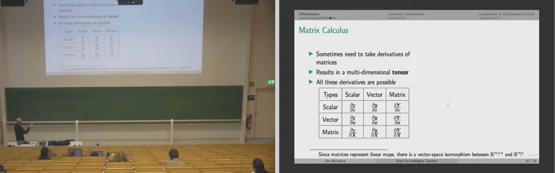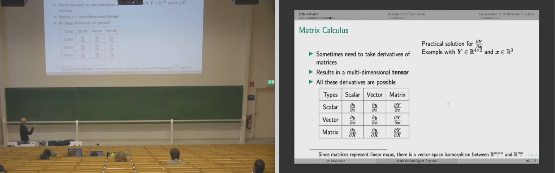And the most difficult case is where we are differentiating a matrix with respect to an input matrix. So how do we do this? Practically, we can do it in two different ways.